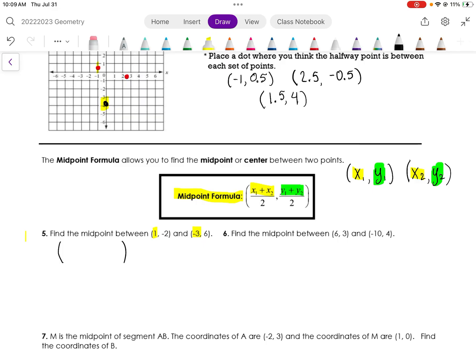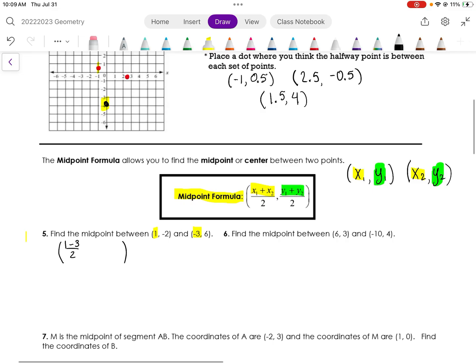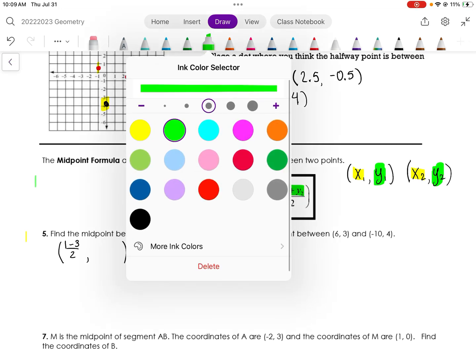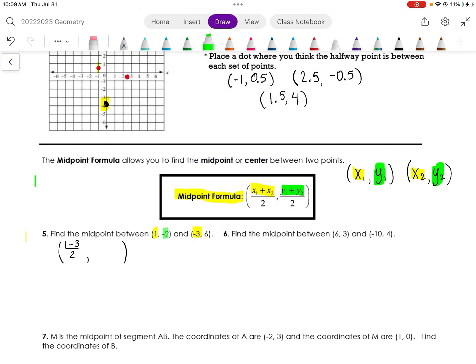And we're going to add those together. So 1 plus -3, or just 1 minus 3. And then divide by 2, that's going to tell us what's right in between those 2 numbers. So that'll give me my x. Then you do the same thing with the y's. I'm going to take -2 plus 6, and I'm going to divide those by 2.